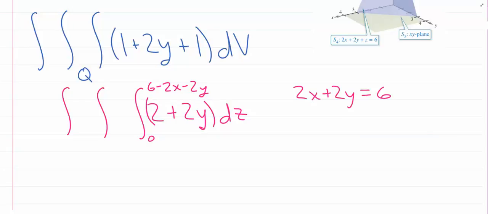So now what we're trying to do is get the bounds on the xy plane. Well, that's x plus y equals 3. So I do y here: y goes from 0 to 3 minus x. And then finally, I'm going to do x. x goes from 0 to 3.